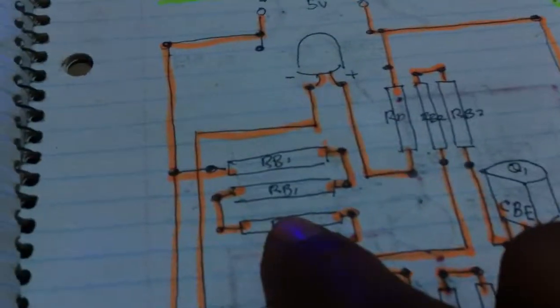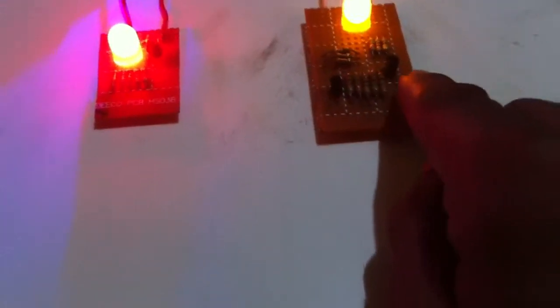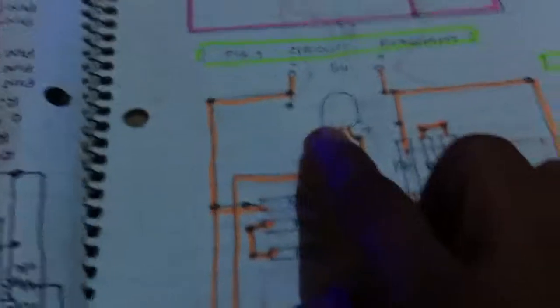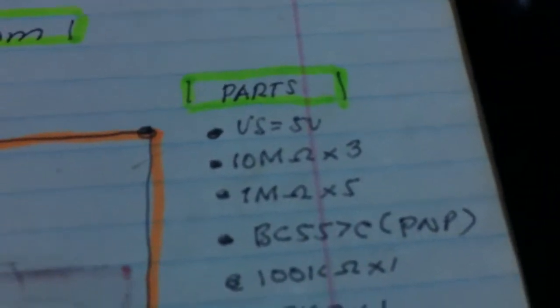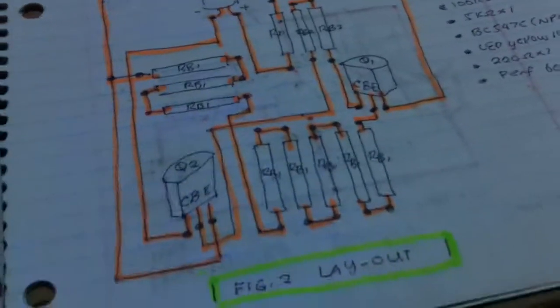And we get 3 resistors here, 2 resistors, transistor again, transistor, 3 resistors, and LED yellow. So these are the parts. And these are the layout.